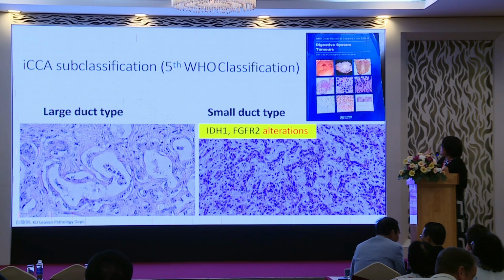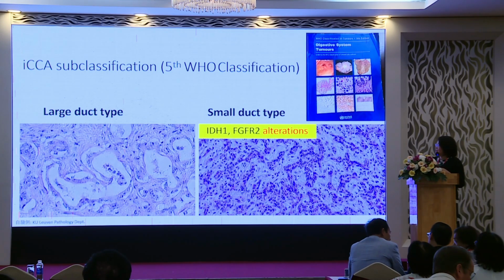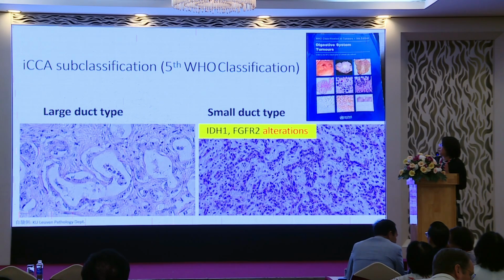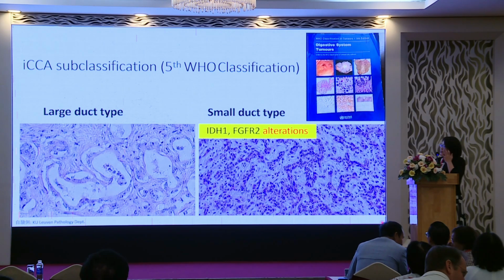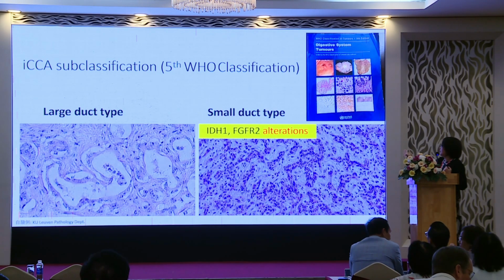The fifth WHO classification, published in 2019, introduced a new subclassification of intrahepatic cholangiocarcinoma. So now we know that intrahepatic cholangiocarcinoma is a heterogeneous tumor comprising two different subtypes, namely large duct type and small duct type. This diagnosis is purely based on morphological subclassification.